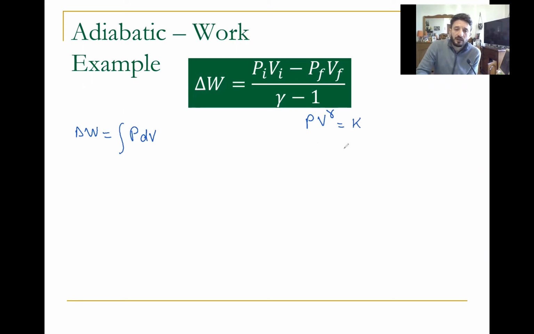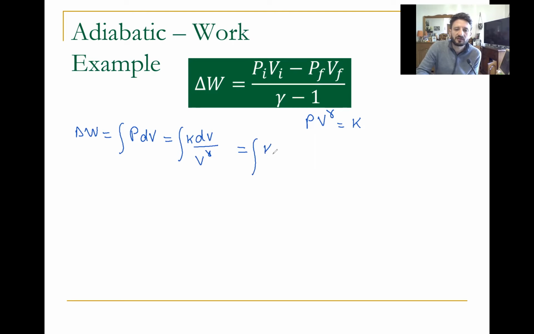Okay? So we can put P equals K divided by V power gamma. Okay? K is constant.